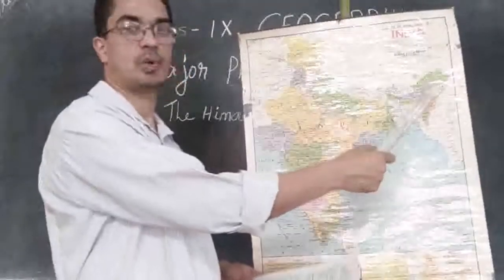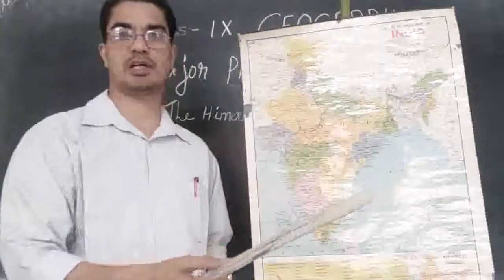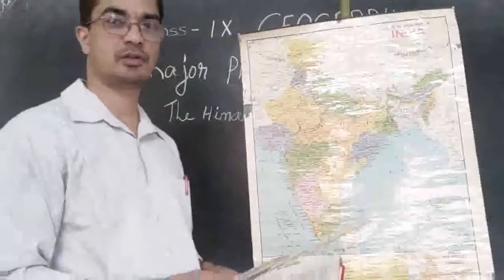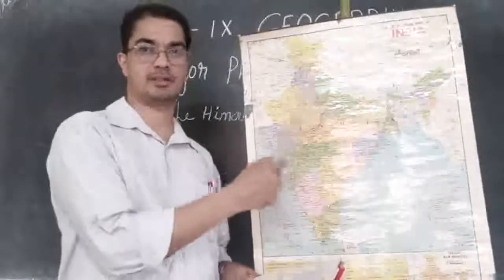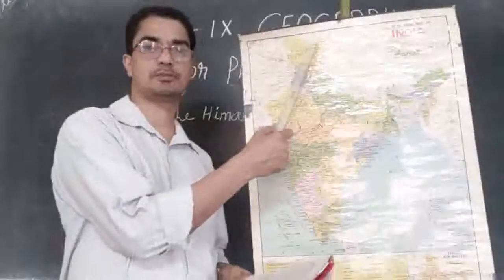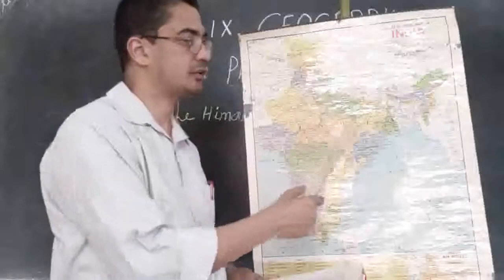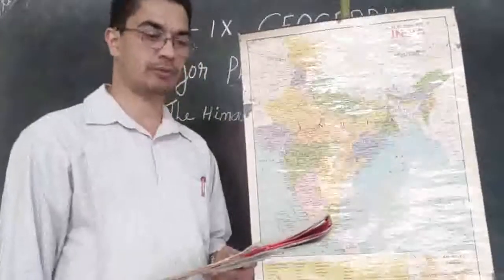And in the east, what river you will find? The Brahmaputra river. So remember that it starts from the west with the river Indus, and it goes to the east where there is the Brahmaputra river.